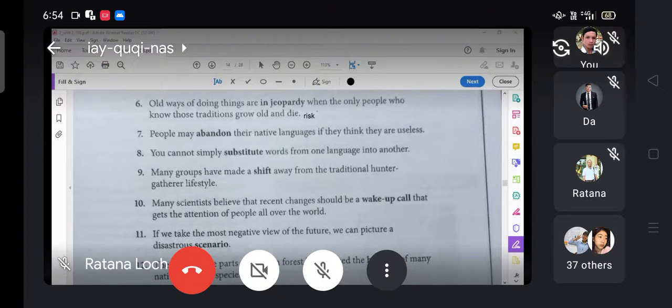Substitute, I think this word you are very familiar with. Replace. Teacher, number 7, we already... Abandon. Oh, sorry, abandon. You know abandon. Yeah, abandon.